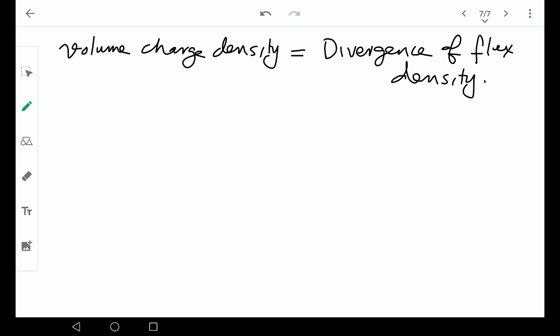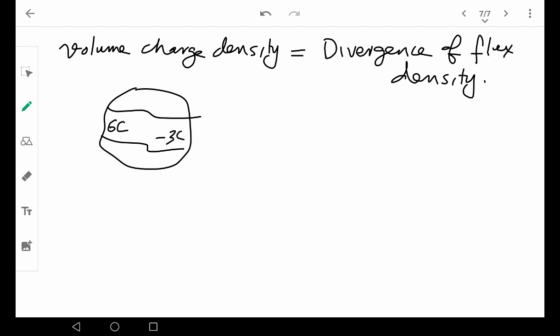Now we will see what the Gauss law means. Suppose you have a volume like this. Here you have 6 coulomb, and here you have minus 3 coulomb. Both are inside the volume.